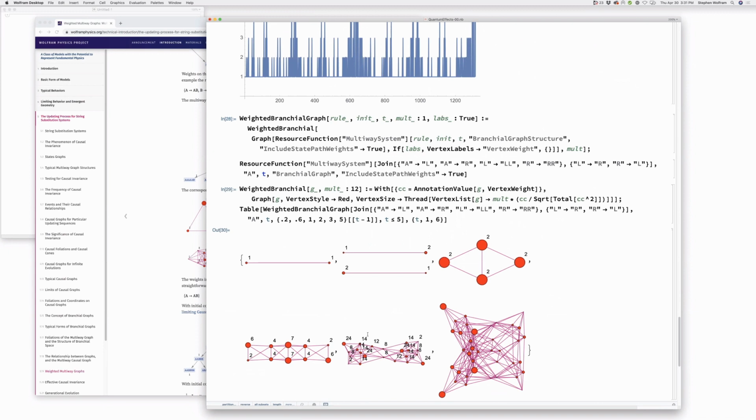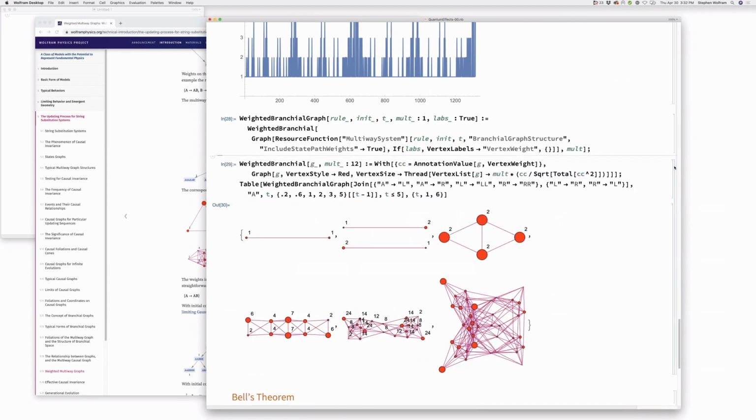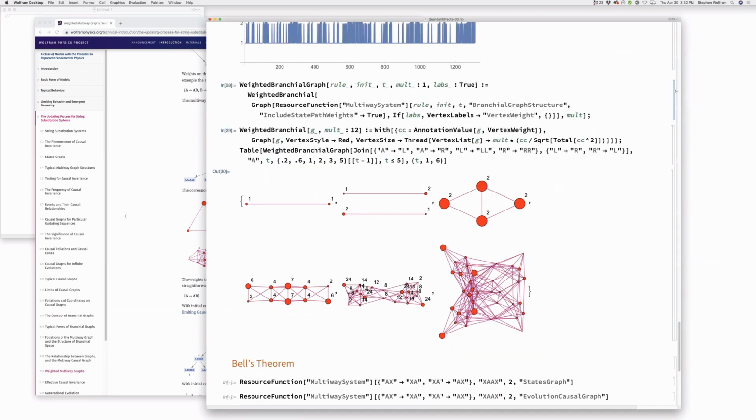Yes, they are size multipliers. But I don't know why I've got those labels there, which, oh, I see. Vertex labels are vertex weight. Okay, fine. So what I actually want is vertex labels set to automatic at the end here.